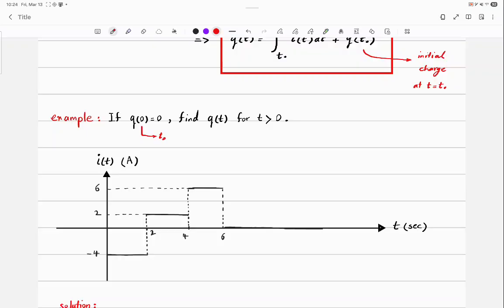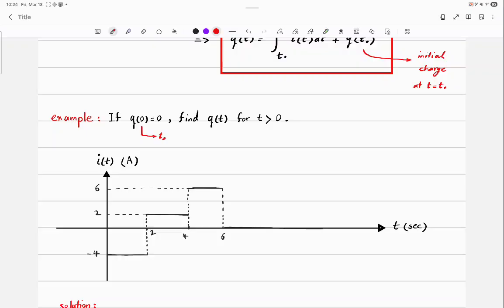So that's the first interval. The second interval is t between 2 and 4. Q of t.